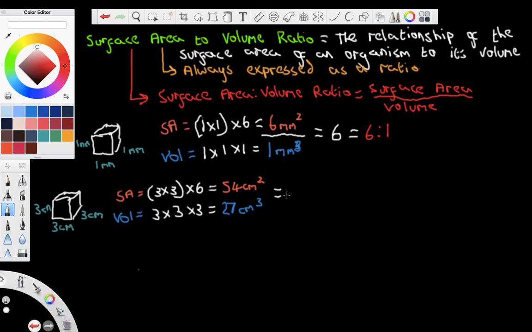If we did 54 divided by 27, so let me just open up my phone so that I've got a calculator. If we do 54 divided by 27, that gives us an answer of 2. What that is saying is for every 1 volume, we've got 2 surface areas. We've got double the surface area. For that reason, we can express this as a surface area to volume ratio of 2 to 1.